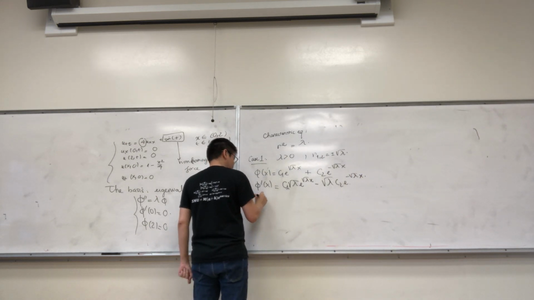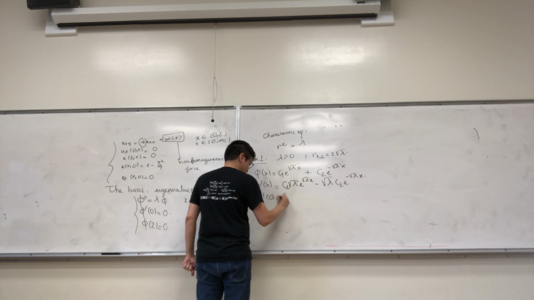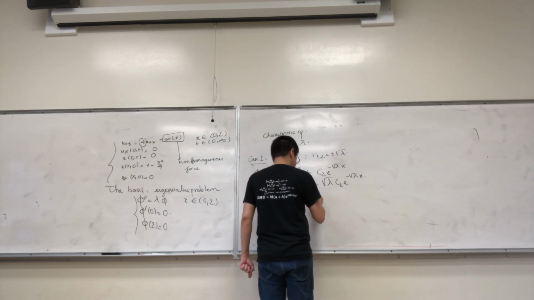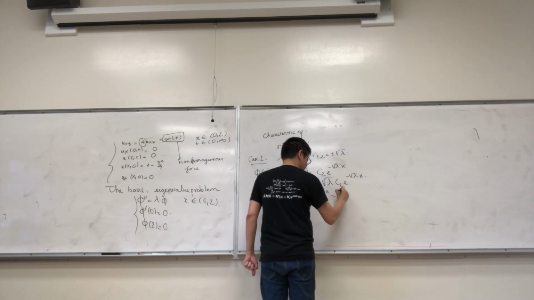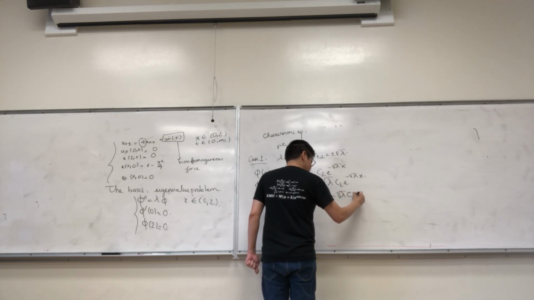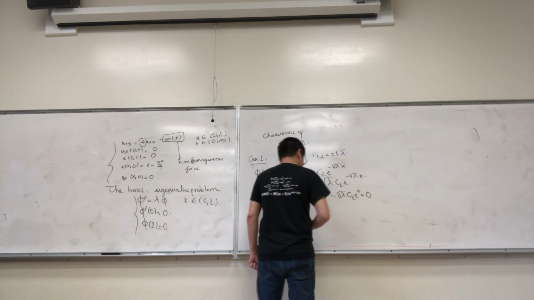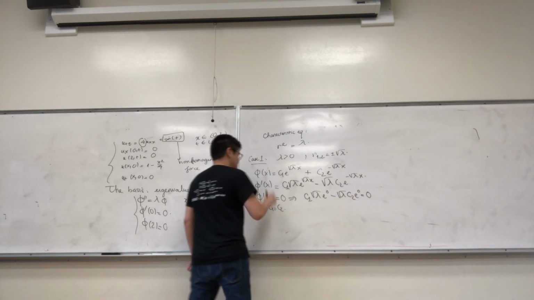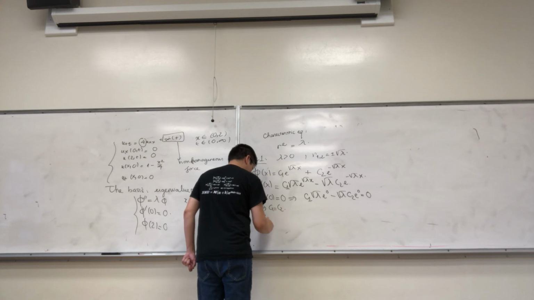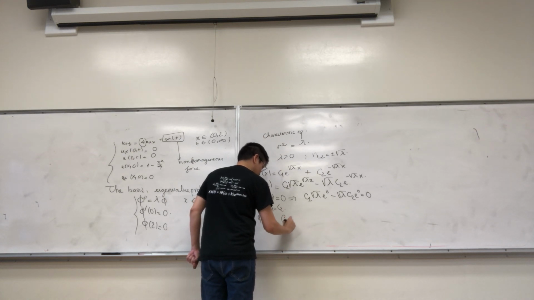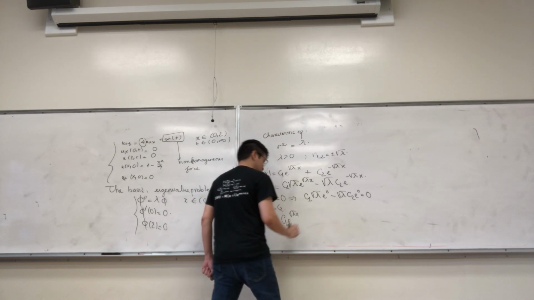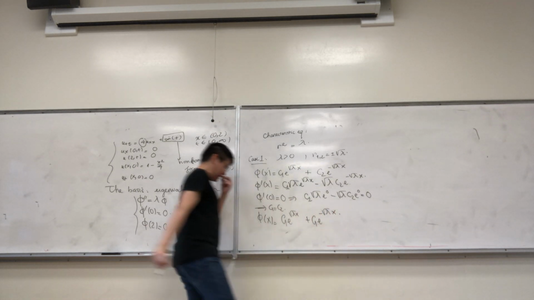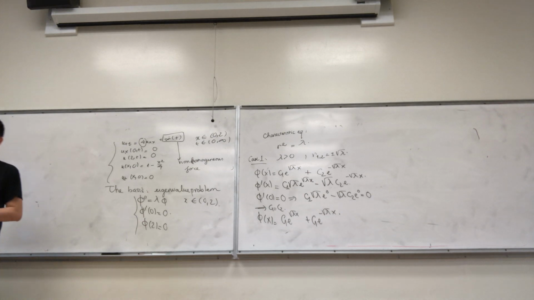And so you have phi prime at 0 is 0, which means that C1 square root of lambda e to the 0 minus square root of lambda C2 e to the 0 is 0, which means that C1 is equal to C2. So I replace C2 by C1 here. So I have C1 e to the power square root of lambda x plus C1 e to the power minus square root of lambda x. All right?